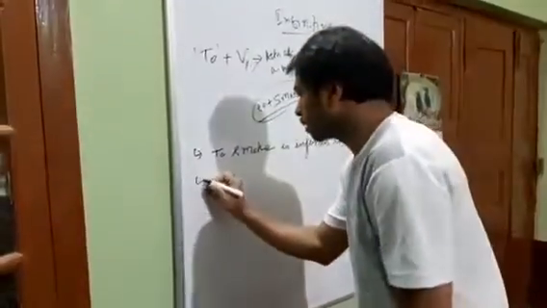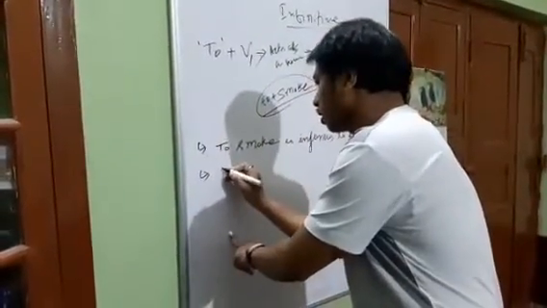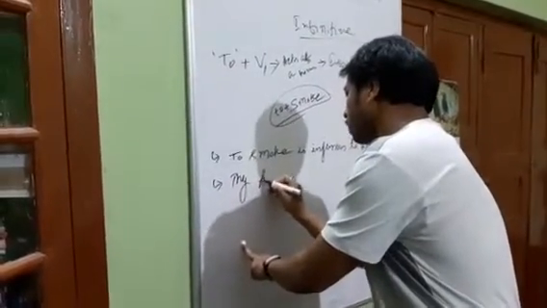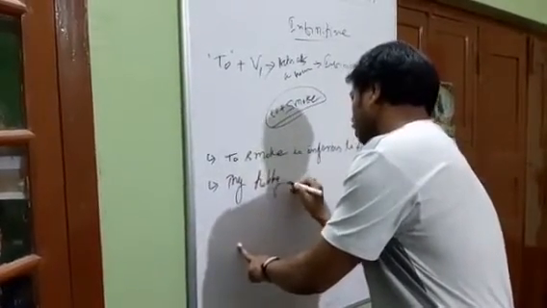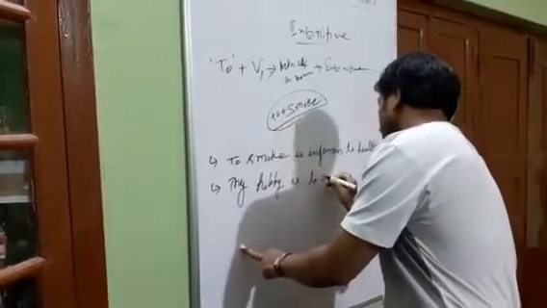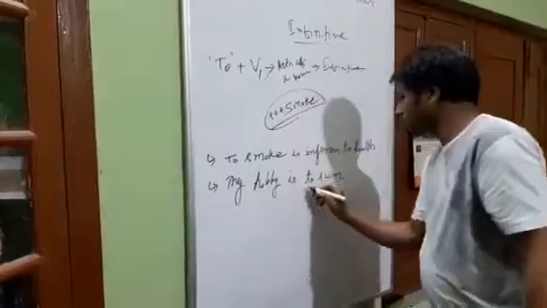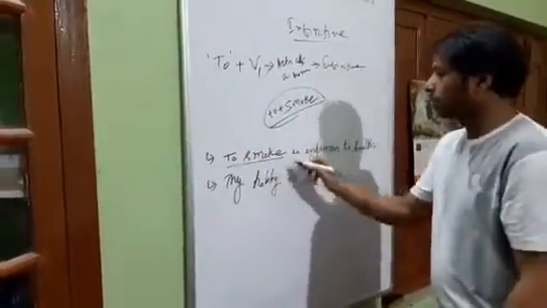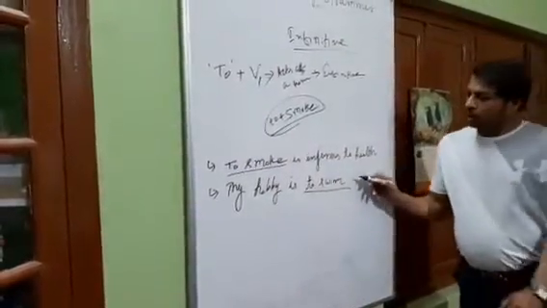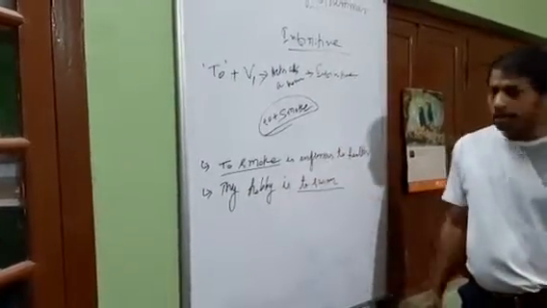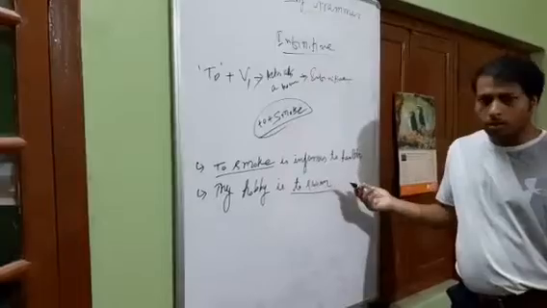Let me give you one more example. My hobby is to swim. See the use of this. Here, to smoke I use in the subject. In this sentence I use it in the object.